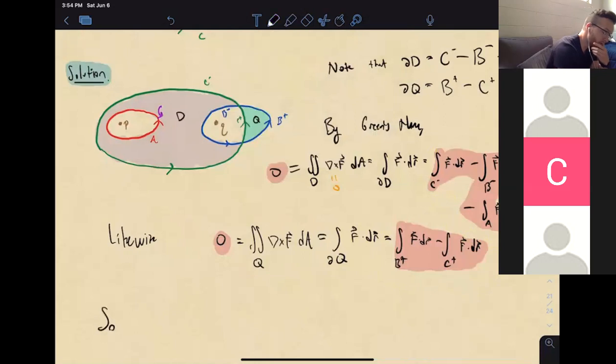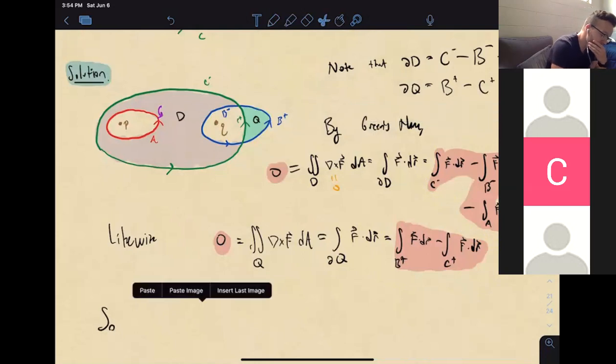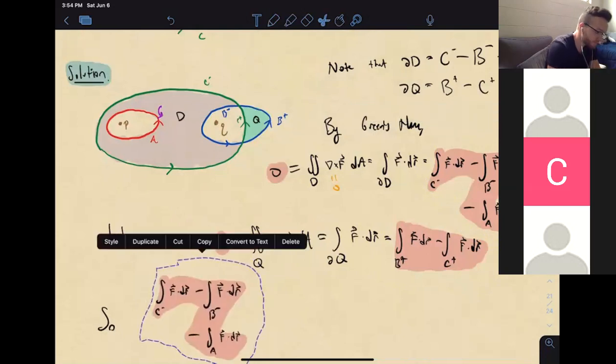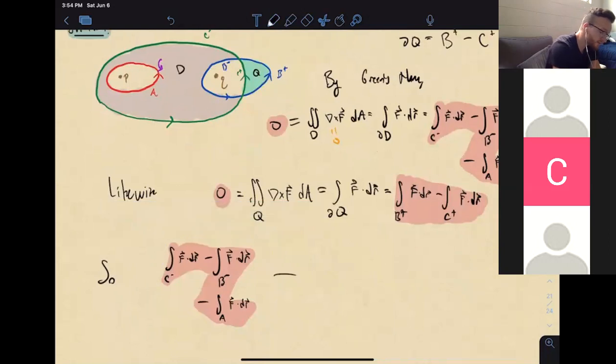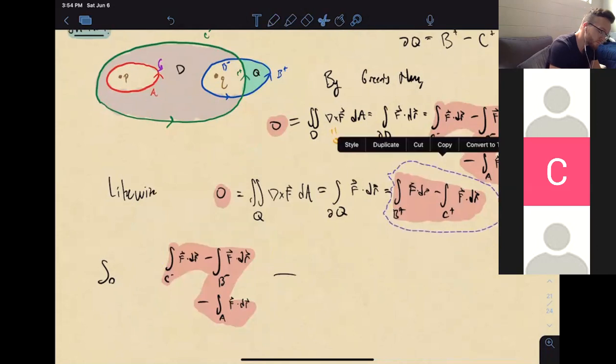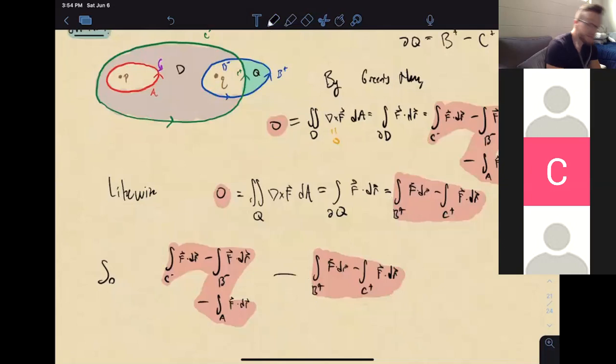I'm going to be supremely lazy. This minus this is 0 minus 0, so it's 0.